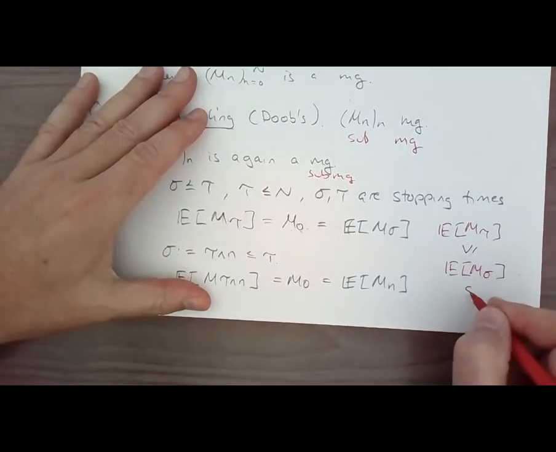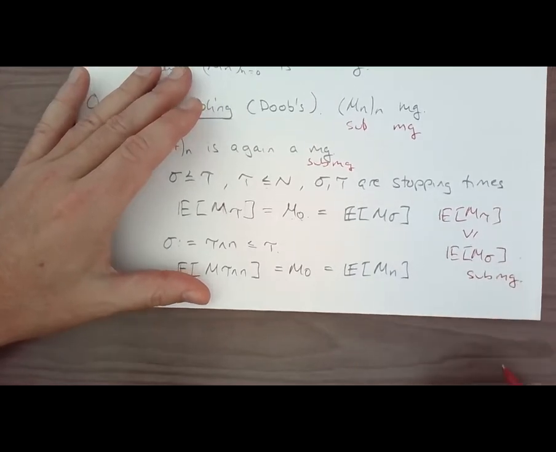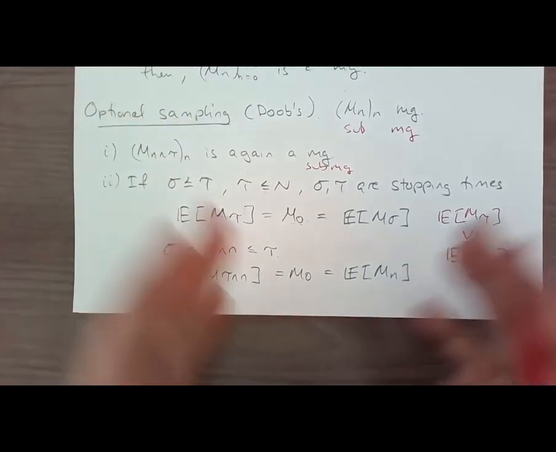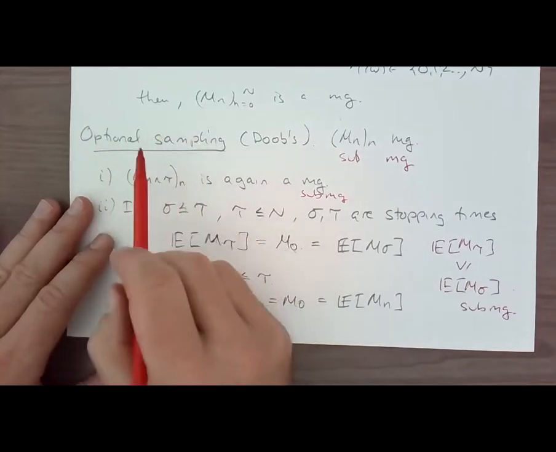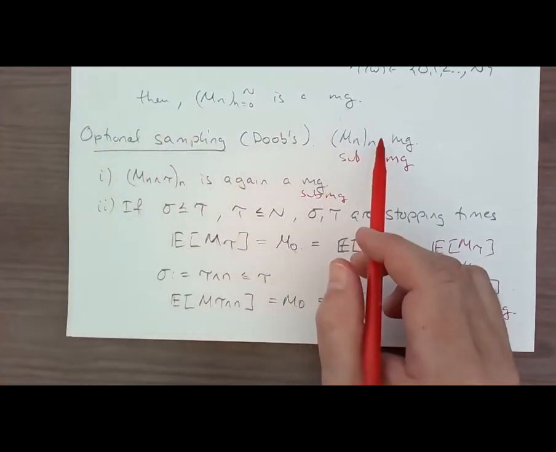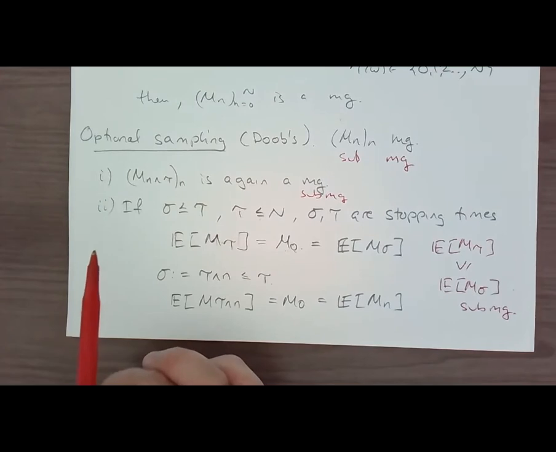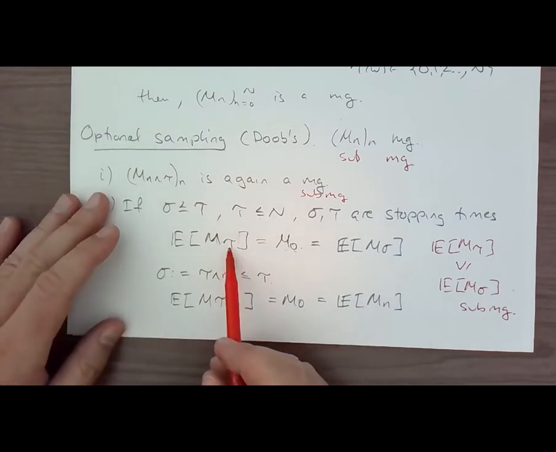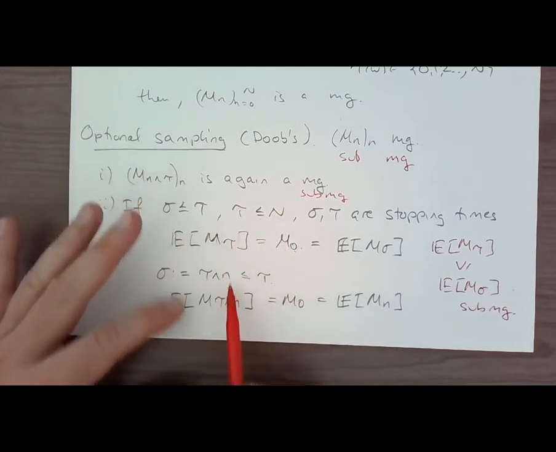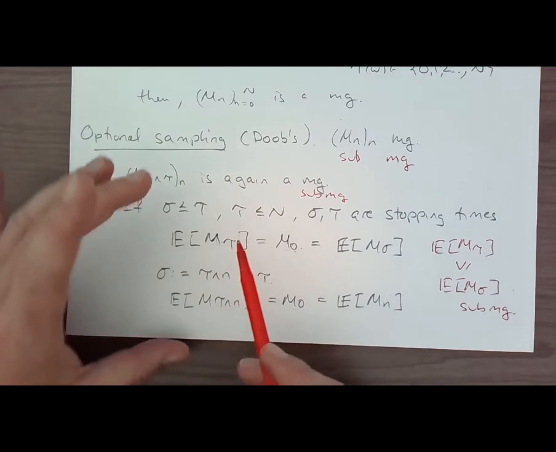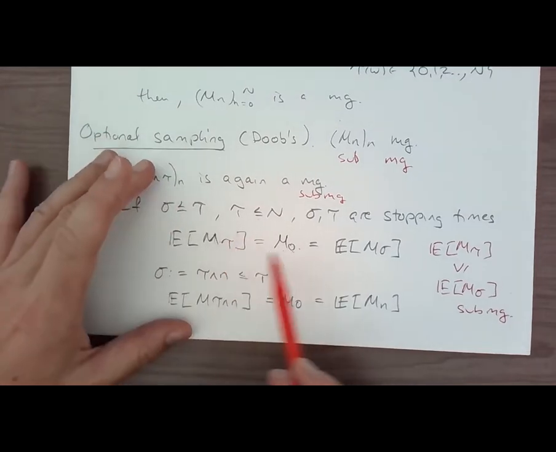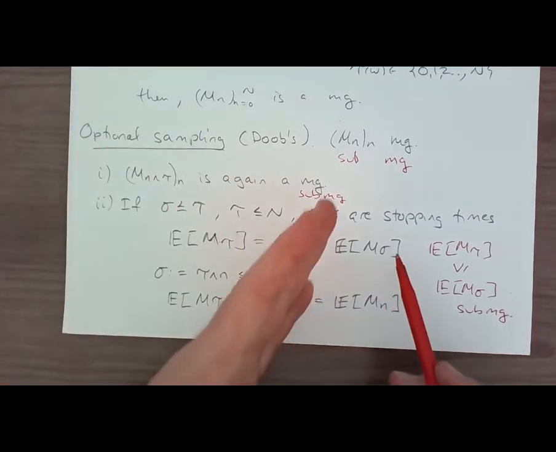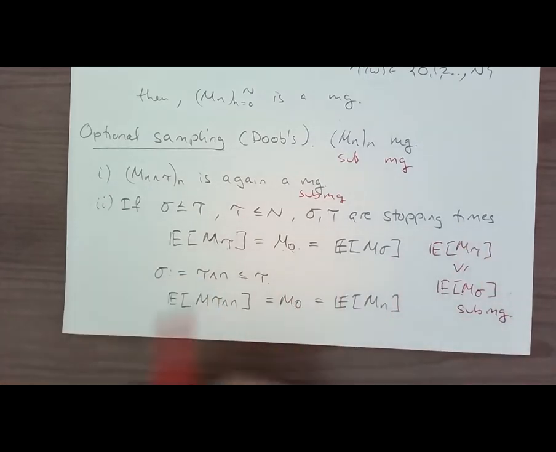This is the submartingale case. So you get these inequalities. And all this is called optional sampling. If you have a martingale and you stop the martingale at stopping times, you preserve the martingale property. If you evaluate the martingale at random times, you can relate the expectations at those random times to expectations at different random times if you know that those random times are ordered, like one is less than the other.